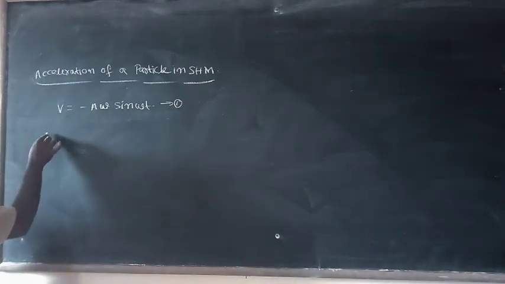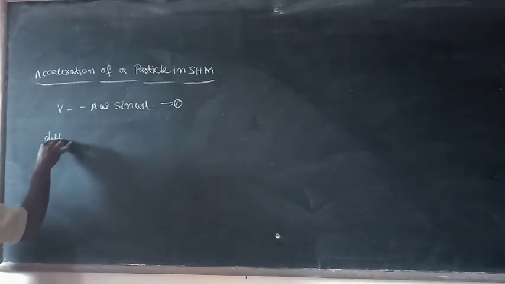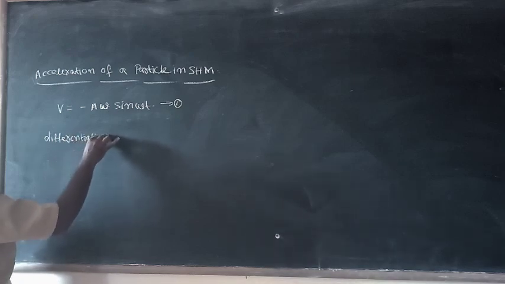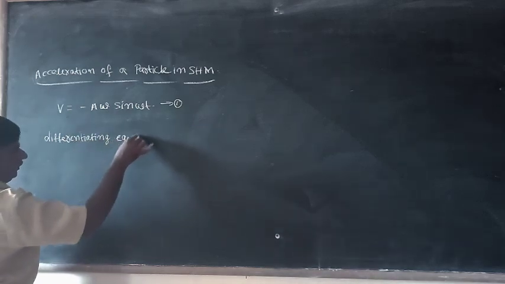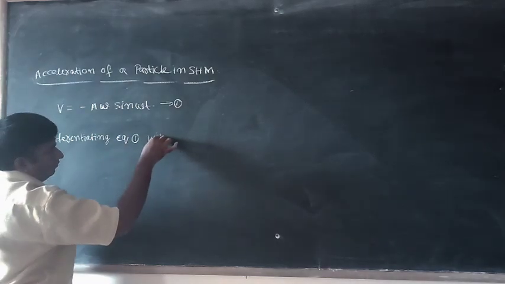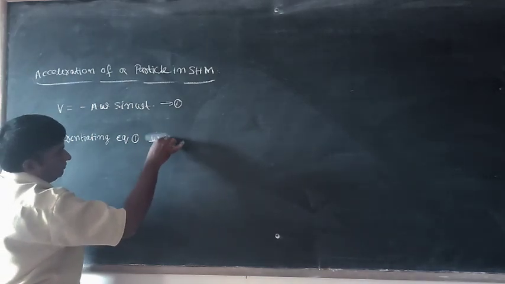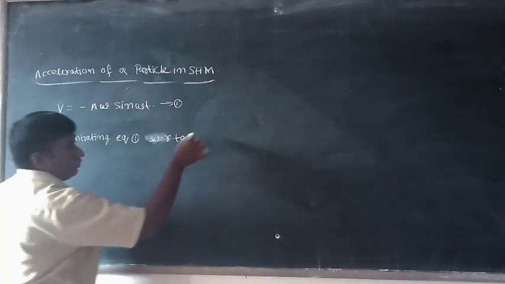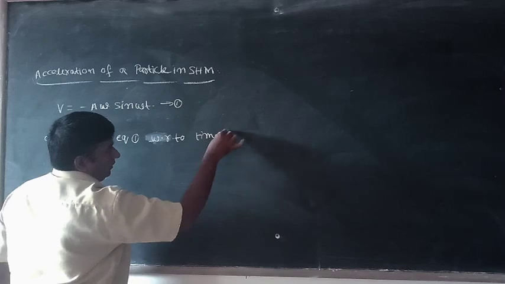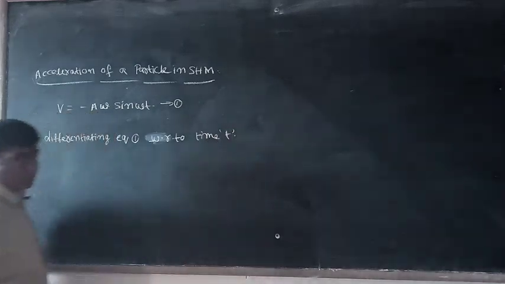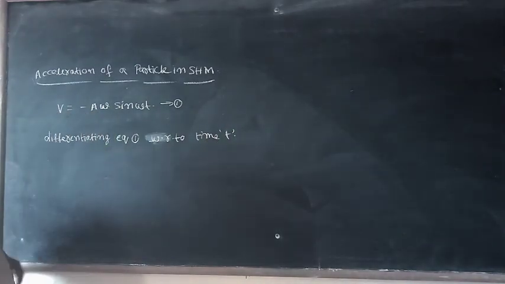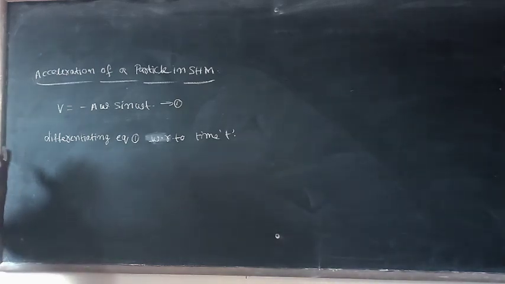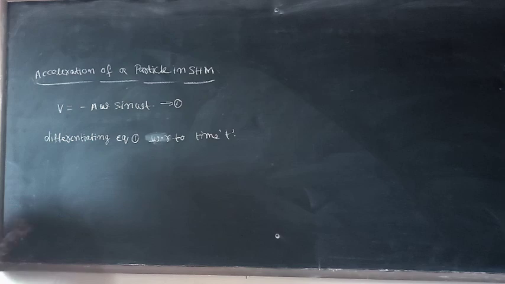So now again, if we differentiate equation 1 with respect to time t, from basic knowledge we know very well that the rate of change of velocity is nothing but acceleration.